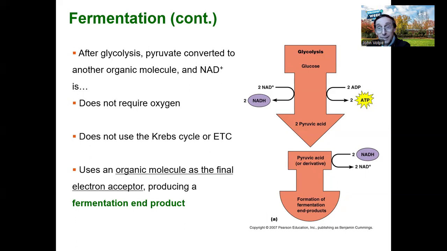The reason is that the muscle cell wants to have ATP so the muscle cell can keep working, contracting, and without fermentation, the muscle cell will not generate ATP, assuming there's no oxygen in the muscle cell.